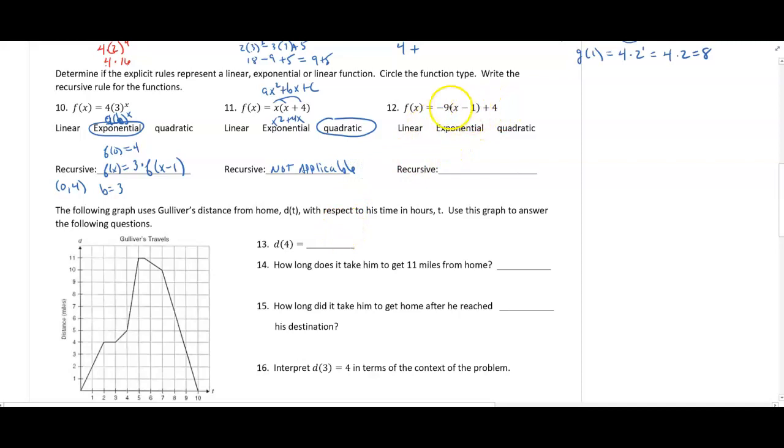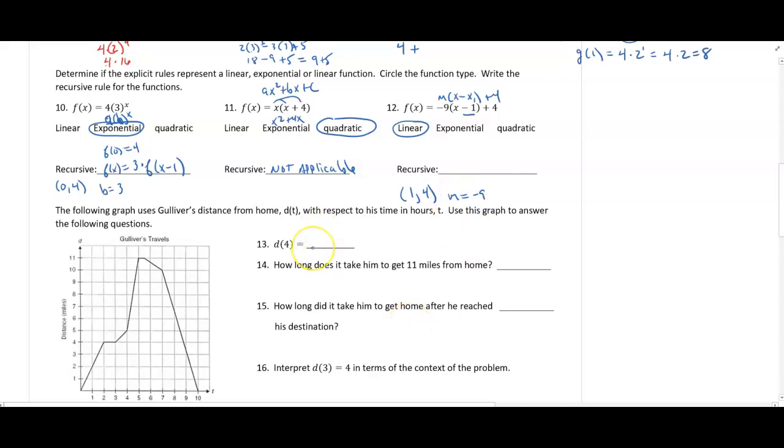However, the next one, this is in the form m times x minus x1, all plus y1, which is 4. So right away you know that this is linear. And the recursive rule, right away when I go to look at my ordered pair that's given to me, since I take the opposite of this, it's going to be 1, 4, and my slope is minus 9.